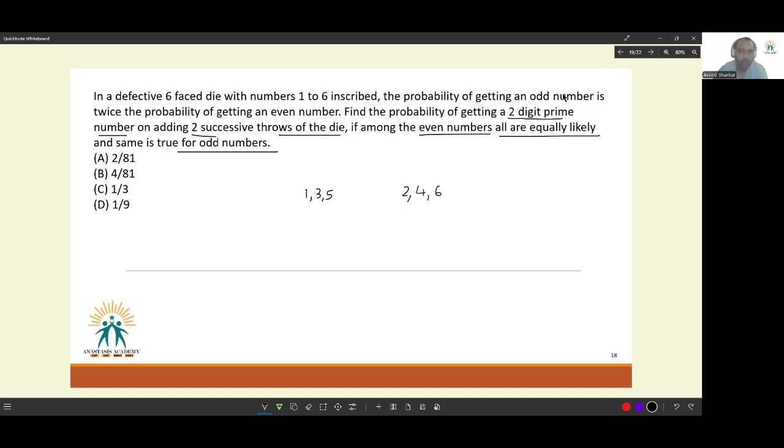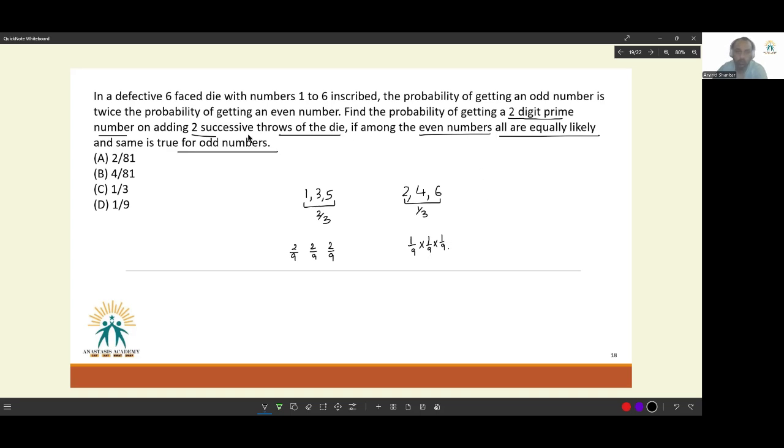Now we're told the probability of getting an odd number is twice the probability of getting an even number. So the probability of these 3 combined is 2 by 3. The probability of these 3 combined is 1 by 3. Now we are also told each of them are equally likely. So the probability of each of them is 2 by 9, 2 by 9, and 2 by 9. And the probability of each of them is 1 by 9, 1 by 9, 1 by 9.